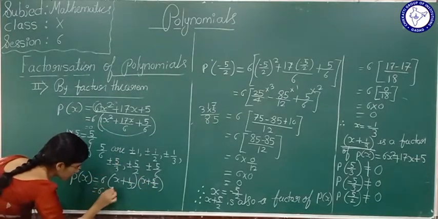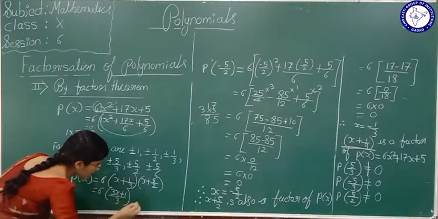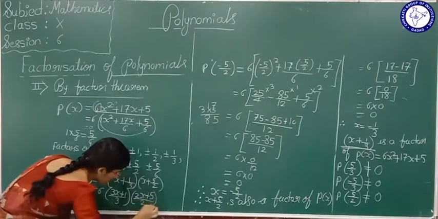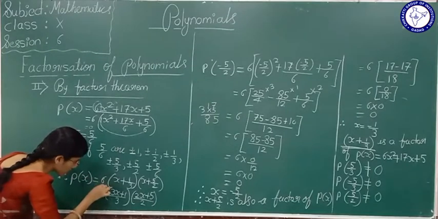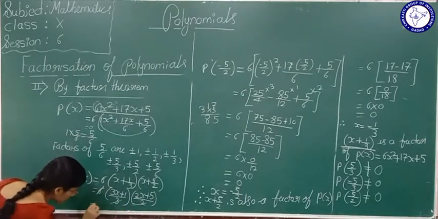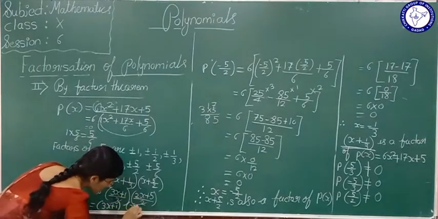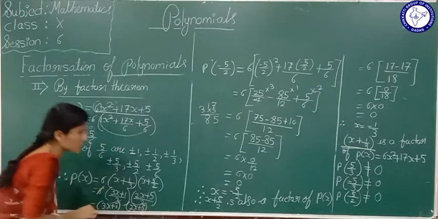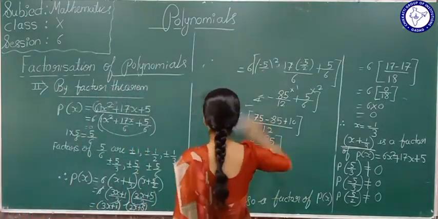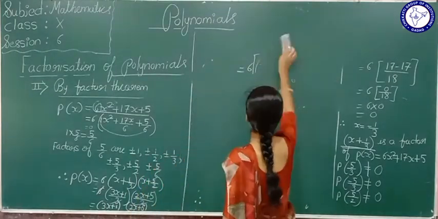Again, this can be written in simplified manner as 6 into 3x plus 1 by 3 into 2x plus 5 by 2. Here 6, and 3 2s are 6, so this will get cancelled. The factors are 3x plus 1 and 2x plus 5. So this is the way we find the factors by the factor theorem.